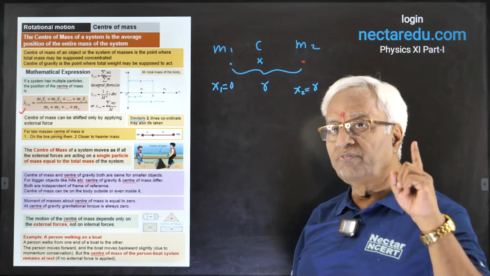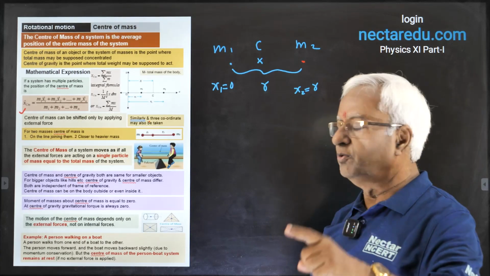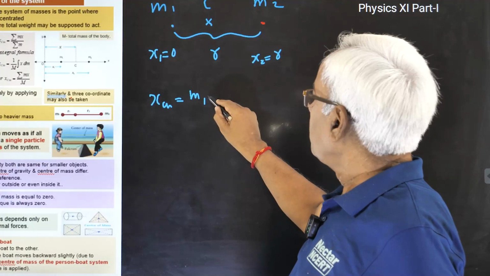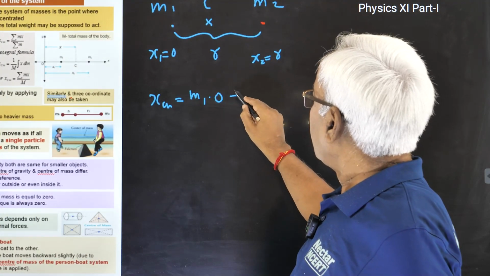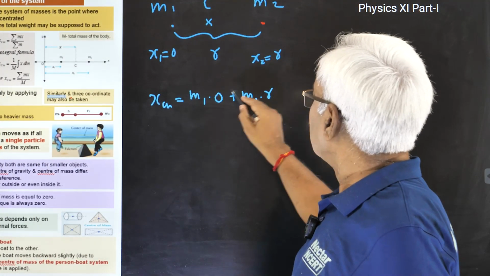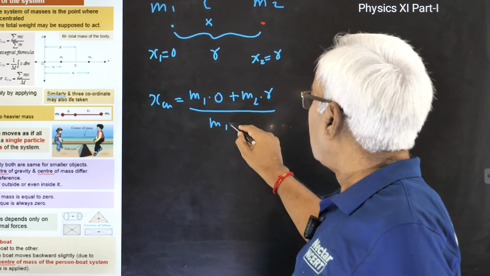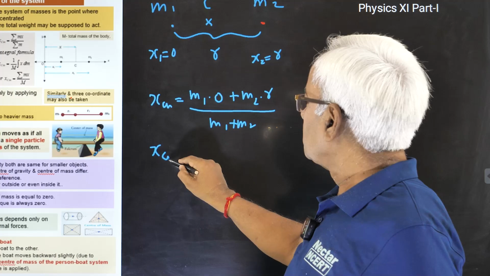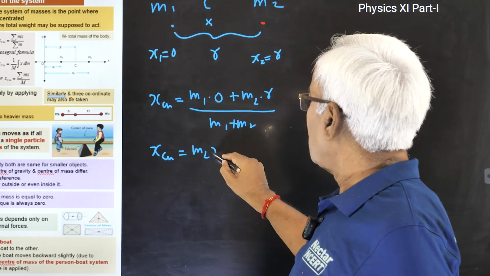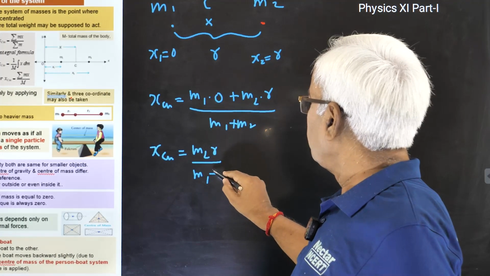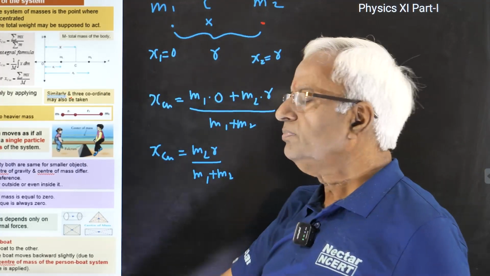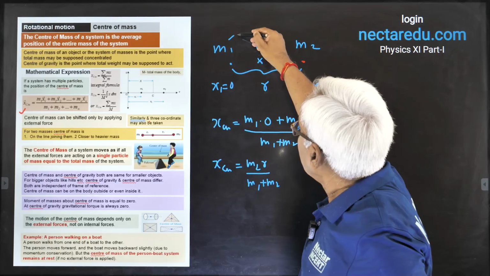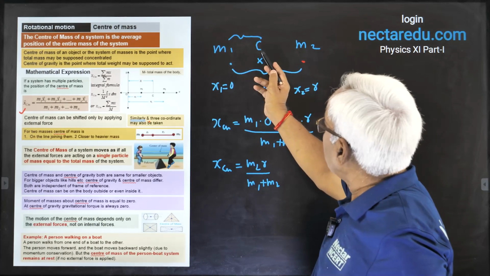By using the same formula, M1 X1 plus M2 X2, you will find XCM: M1 X1 is 0 and then M2 X2, this is r, upon M1 plus M2. What it becomes? XCM equals M2 r upon M1 plus M2. This is the location of center of mass from origin.